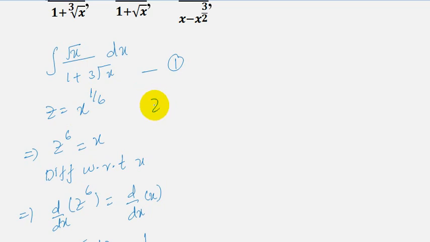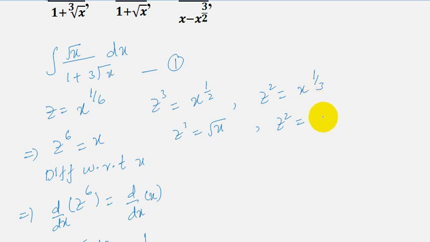So z^3 is equal to x raised power 1 upon 2, and for cube root of x we take square on both sides, and z^2 is equal to x raised power 1 upon 3. That is z^3 is equal to square root of x, and z^2 is equal to cube root of x.